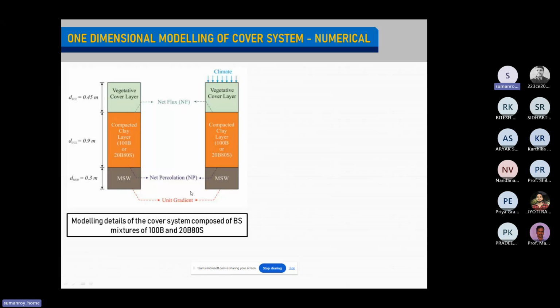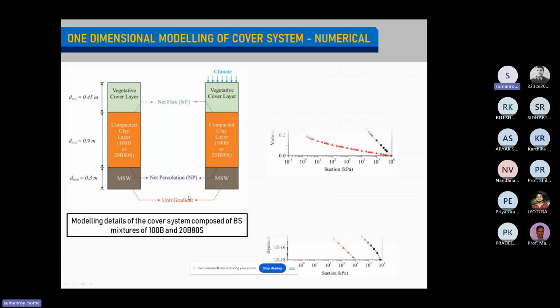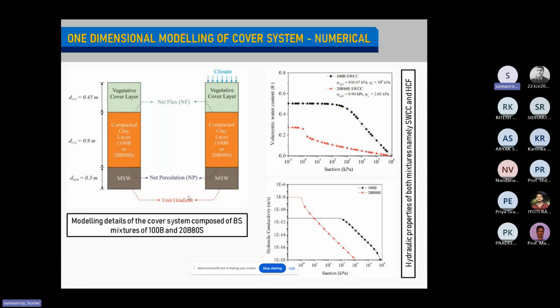Net percolation means how much water or leachate this compacted clay layer is actually permitting. For this, we have taken the hydraulic properties of this compacted clay layer. These are the two hydraulic properties: the 100 bentonite layer and the 20 bentonite sand.